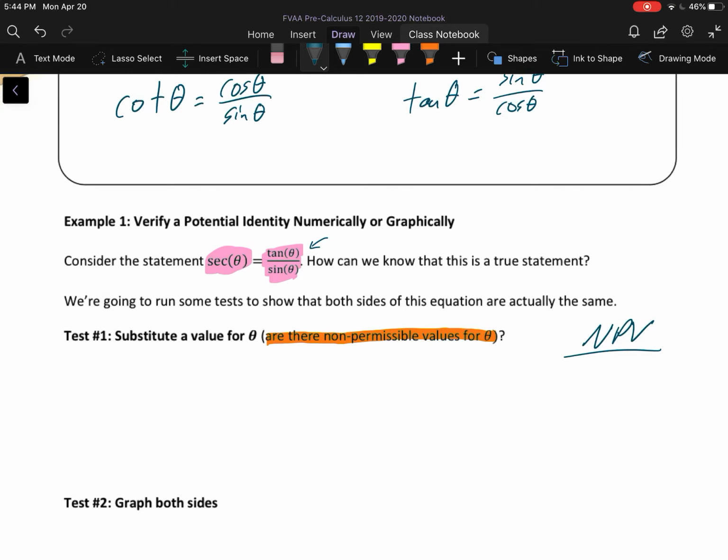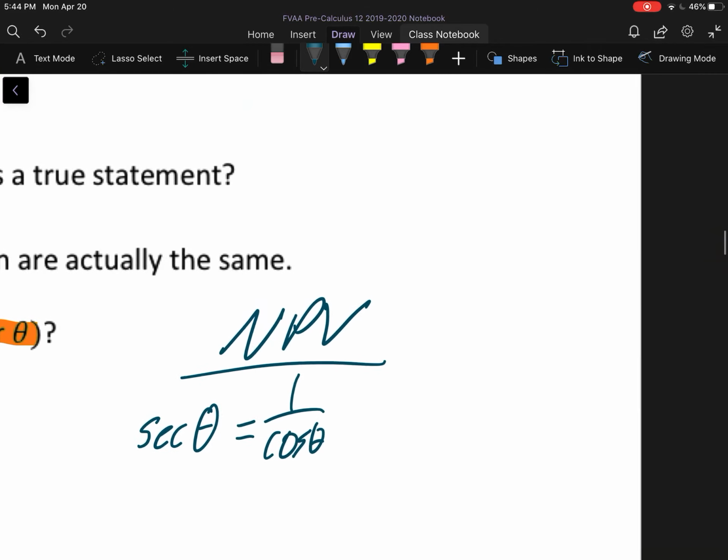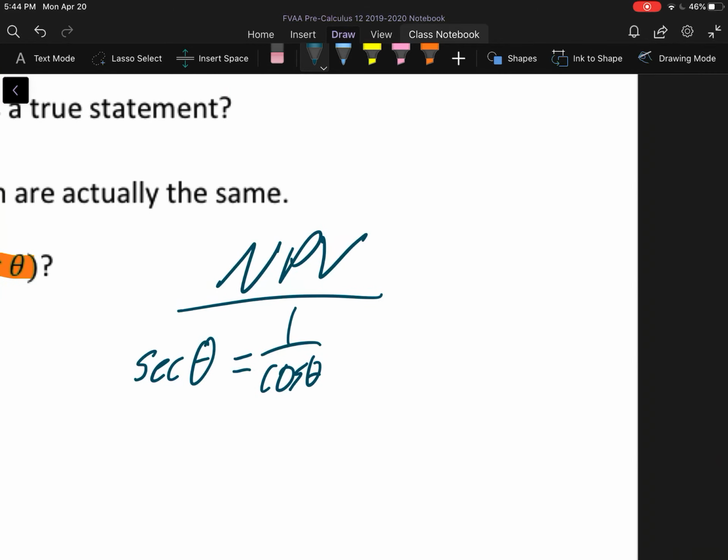For example, secant theta is equal to 1 over cos theta. So here, if cos theta is equal to 0, then my expression is undefined, right? And where does cos theta on the unit circle equal 0? Where does the x value equal 0?